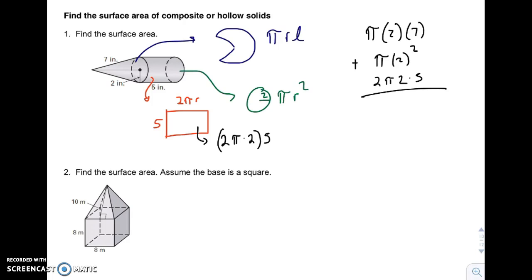And we're just going to add all of those things together. When you enter all of those onto your calculator, we end up with 119.38. We're going to round that to 0.4 cubic square inches.